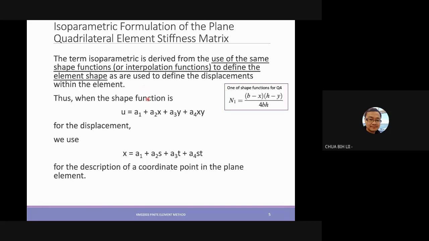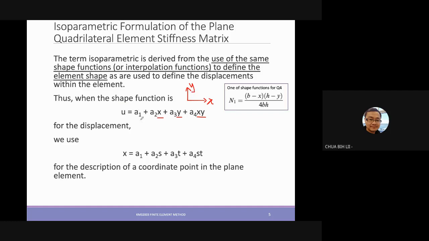As you can see here, this is the general shape function, which is related to the normal coordinate system that we used to know, the x and y, in terms of a planar, two-dimensional coordinate system, x, y.